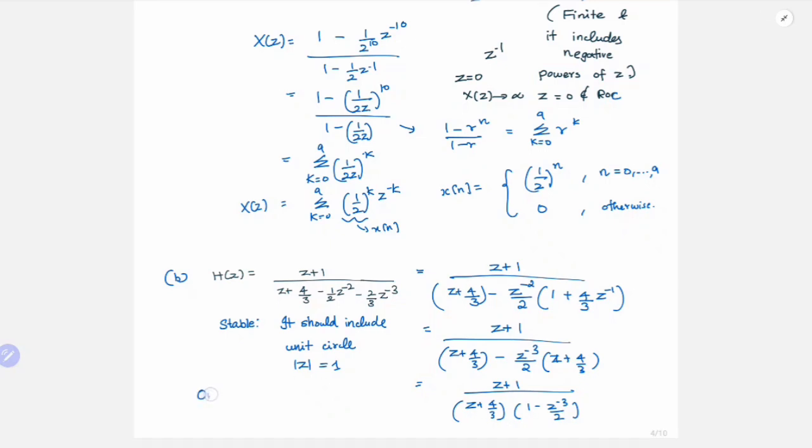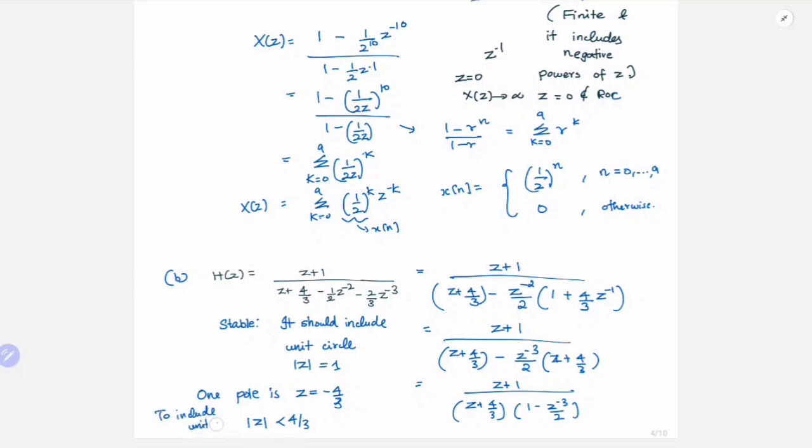So if you see, your one pole is z equal to minus 4 by 3, and the other poles will be on the circle defined by mod z equal to 1 by 2 power 1 by 3, correct? So to include the unit circle, your mod z should be less than 4 by 3, right?